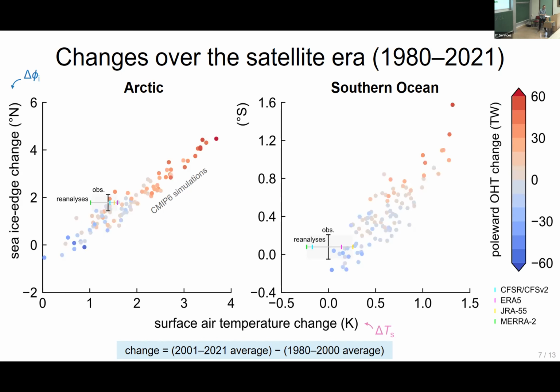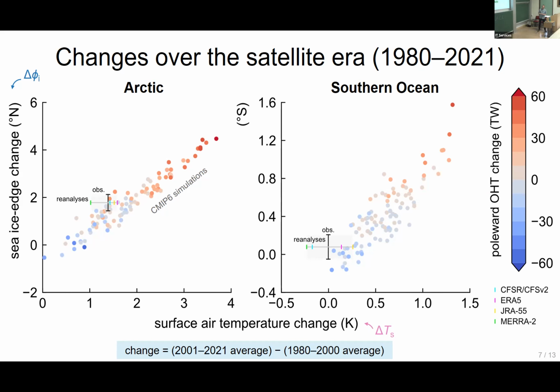When we do that, the points which are more red show increases in ocean heat transport over this time period, and the blue show decreases. So you see that in the Arctic, models which show an increase, the red points on this end, are the ones which have greater polar warming and stronger sea ice loss, and vice versa.